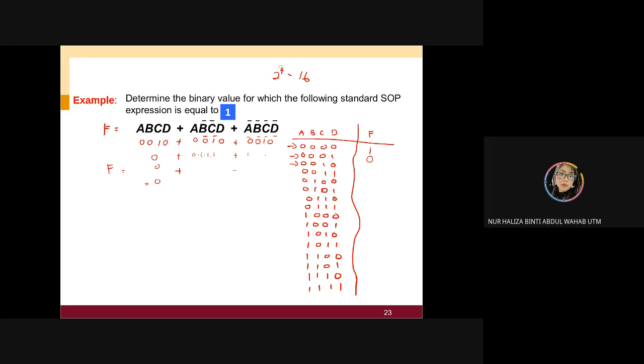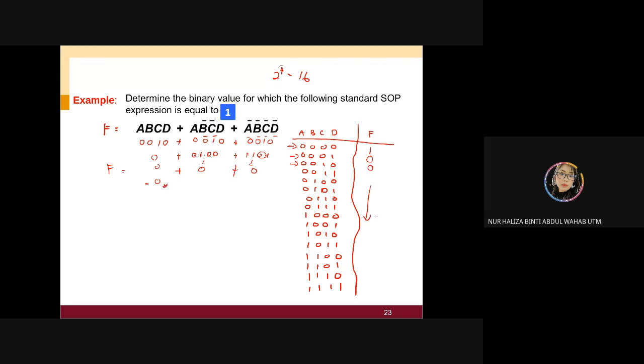We get here 1, 0, 0, and here 1, 1, 0, 1. So here will be 0. Here also will be 0 because multiply with 0, you will get 0. Then your answer will be 0 also.